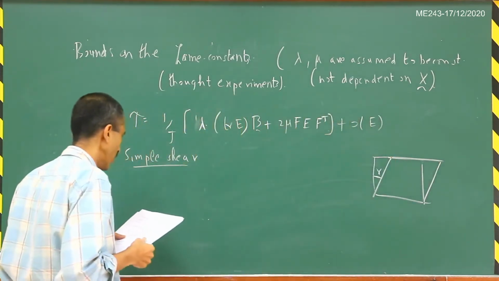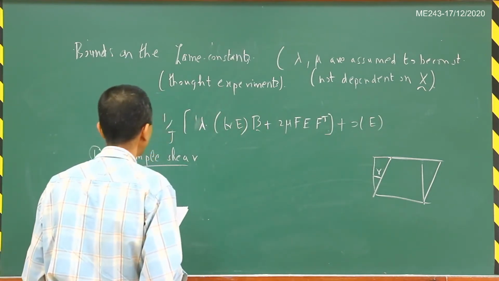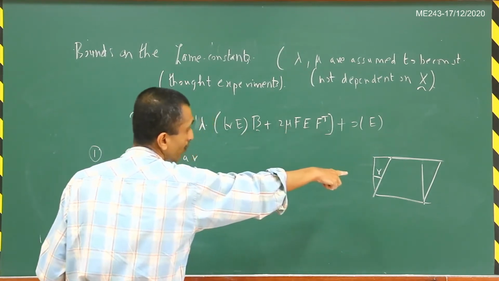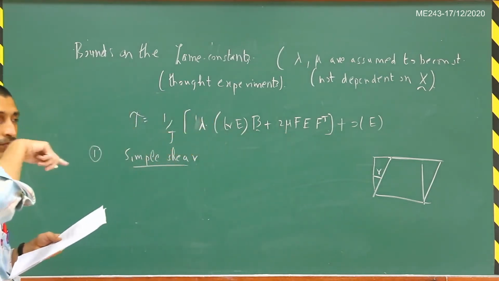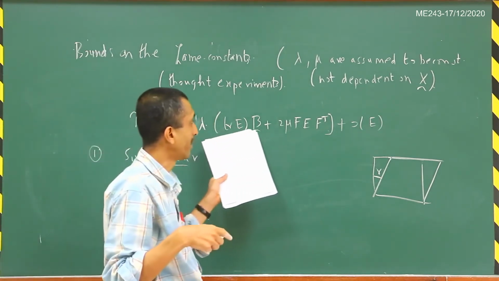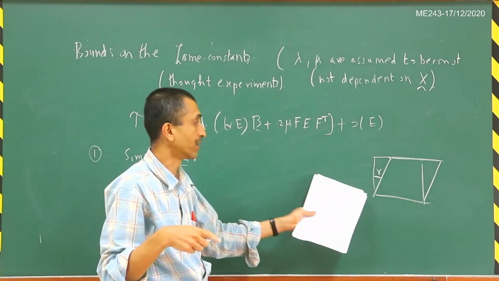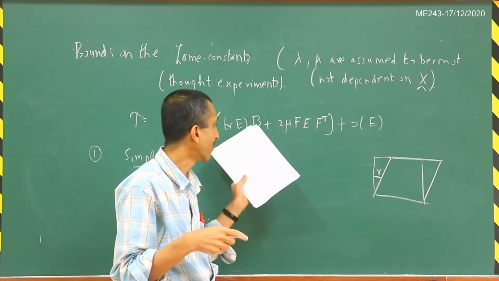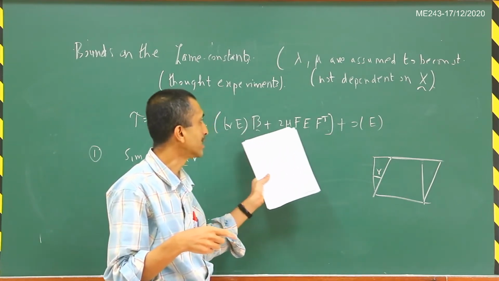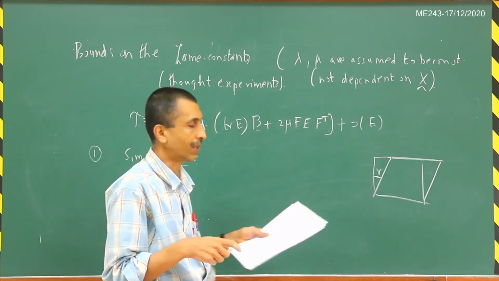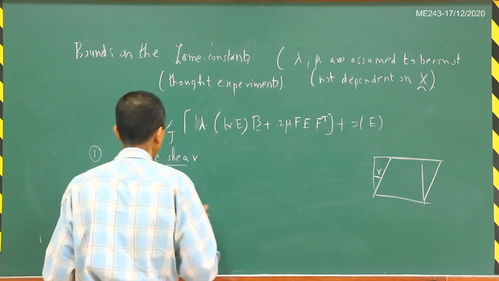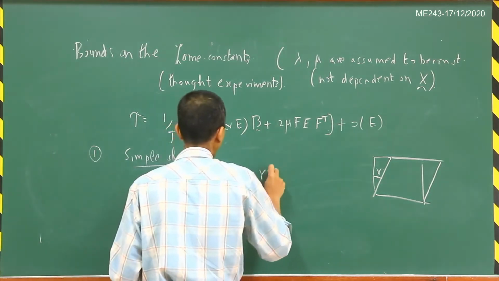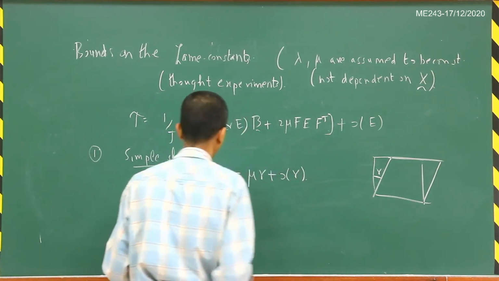So if you now substitute for B, F, E, F transpose for this particular situation, I have already given you all the relevant kinematical quantities in chapter 2, where we studied kinematics. There we have already studied what B is, F is, E is, and so on for this case. If you substitute it into this, then you will get tau 12 is equal to mu times gamma plus order of gamma.